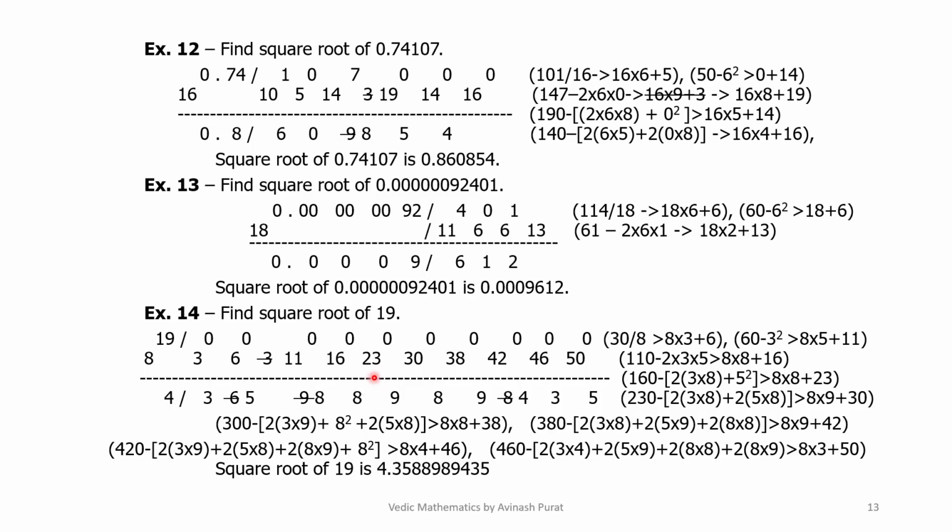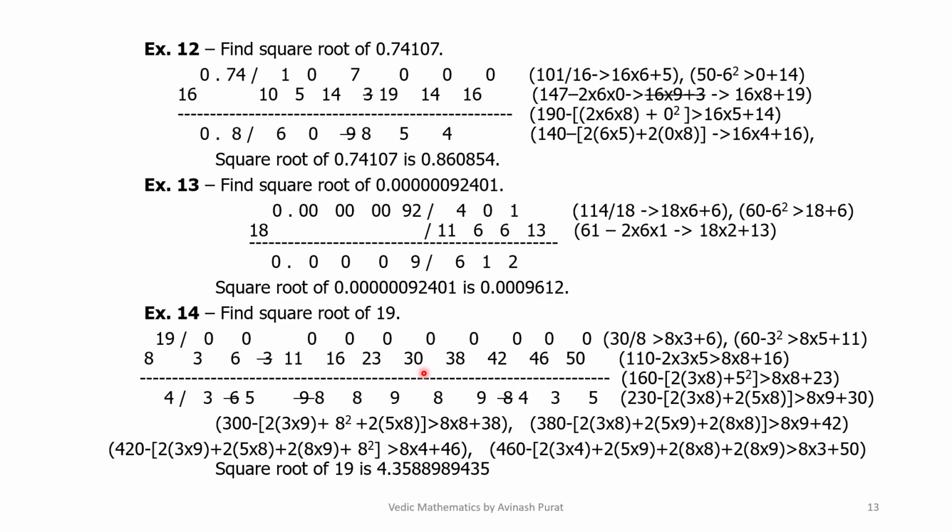Now 230 is the next dividend, minus 2 into 3 into 8 plus 2 into 5 into 8 equal to 48 plus 80, 128. The balance is 102 divided by 8. So 9 is the quotient and 30 is the remainder.